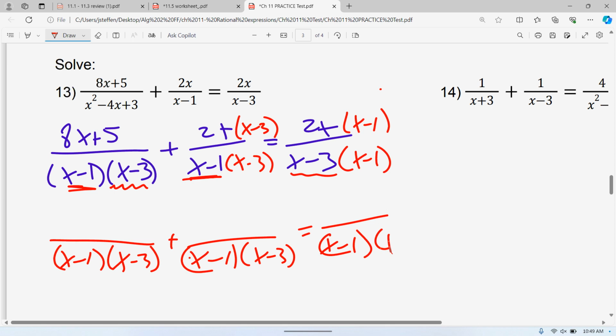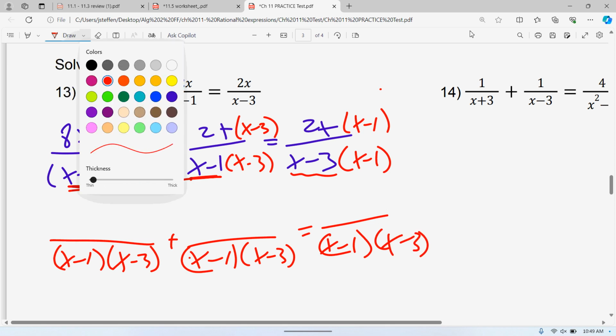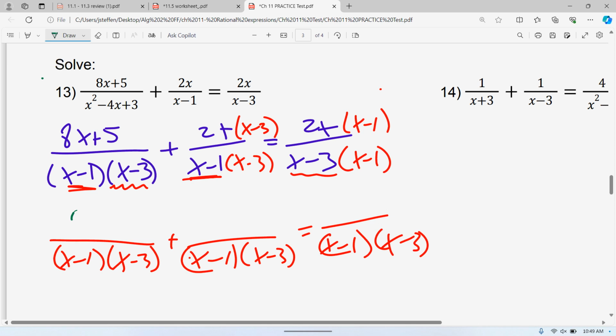Now go back and look at the numerators. So the numerators are 8x plus 5. We didn't multiply that by anything. x times x is x squared, 2 times negative 3 is negative 6x. x times x is 2x squared.